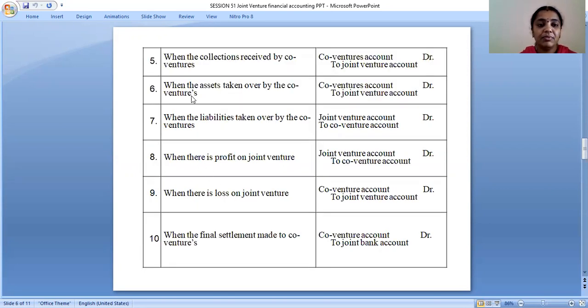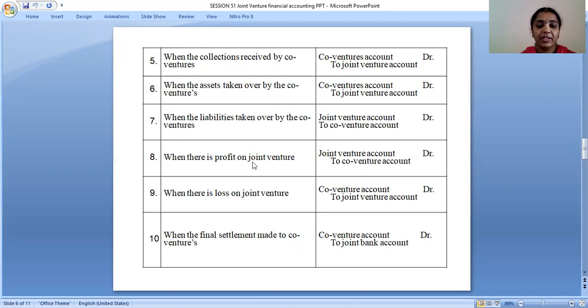When the collections are received by co-venturers, co-venturers account debit to joint venture account. When assets are taken over by co-venturers, co-venturers account debit to joint venture account. When liability is taken over by co-venturers, joint venture account debit to co-venturers account.